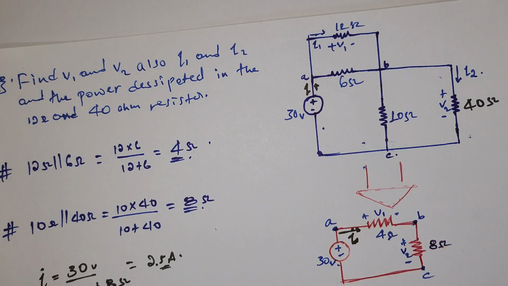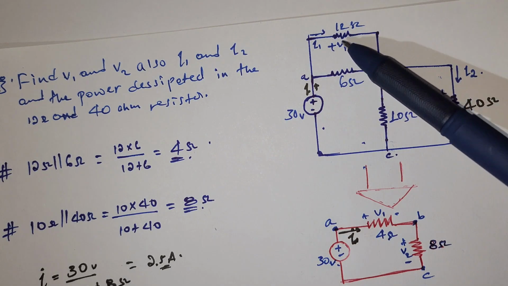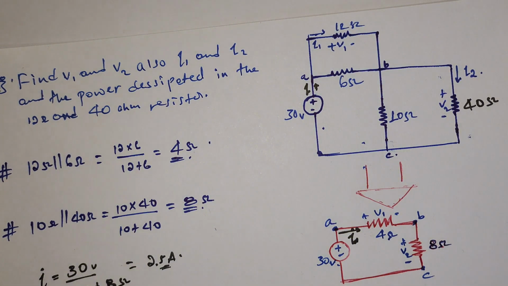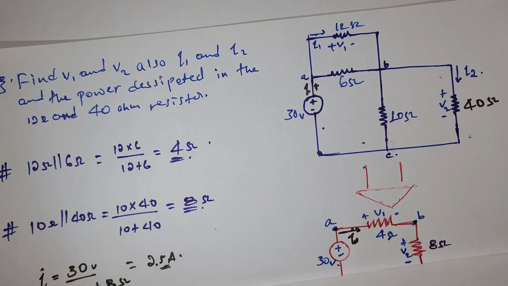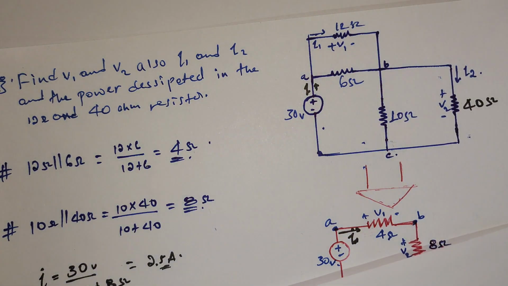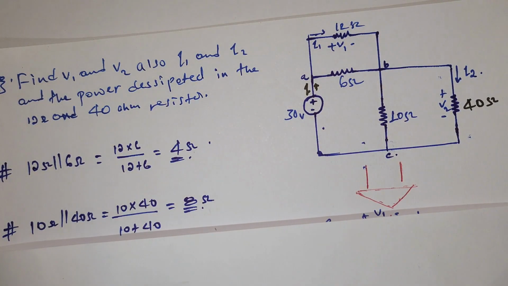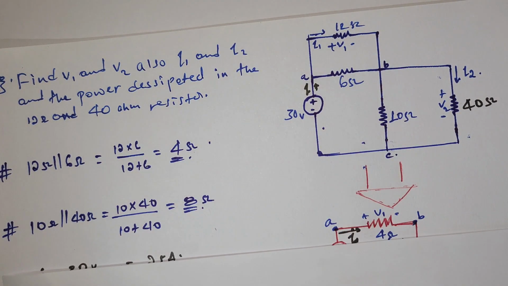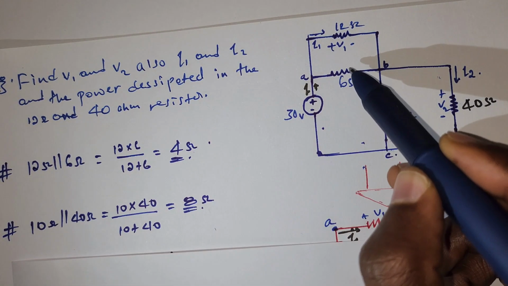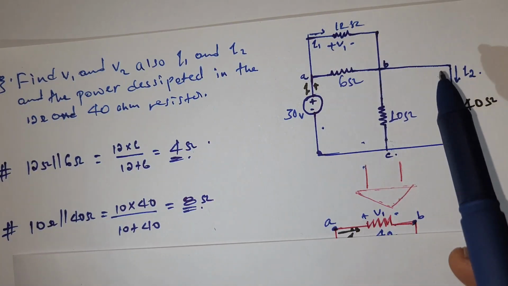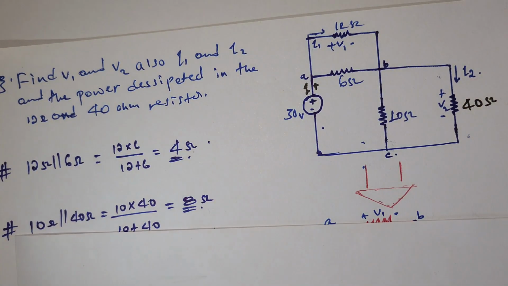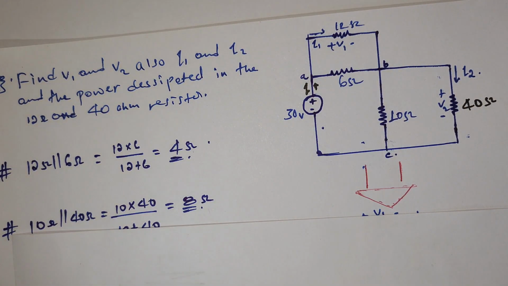In order to solve for V2, I2, V1, I1, we first need to reduce the circuit into a simpler form. Otherwise, we can't calculate using voltage division or current division. So first, we simplify this circuit.